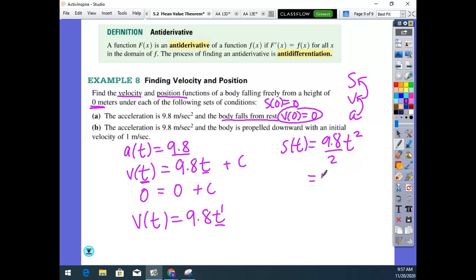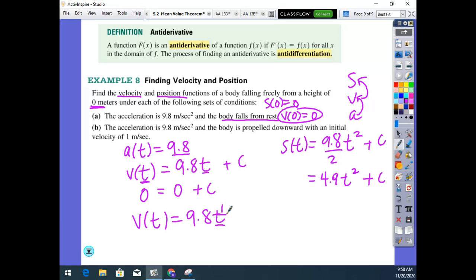So this would be 4.9t squared plus c. We always need our plus c. So let's think about what I just said. When we do the derivative, we multiply and subtract 1. So when we're doing the inverse, what we're going to do is add 1 to the exponent and then divide.